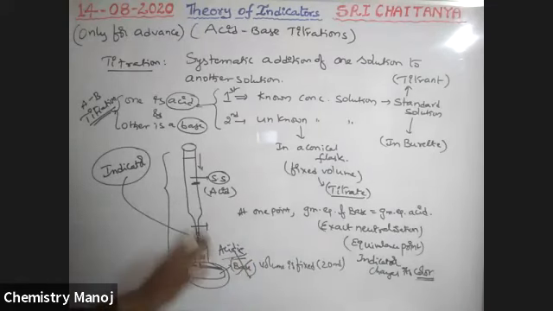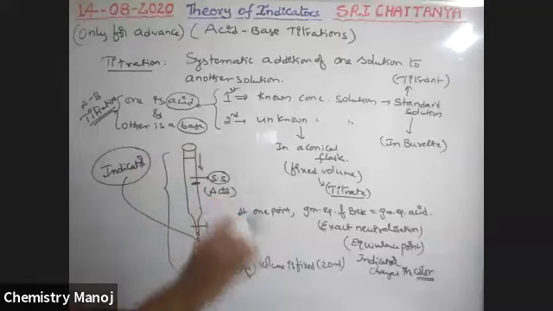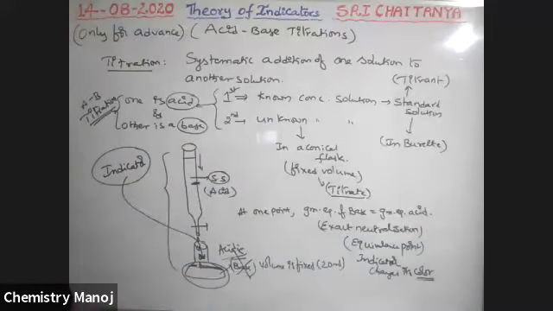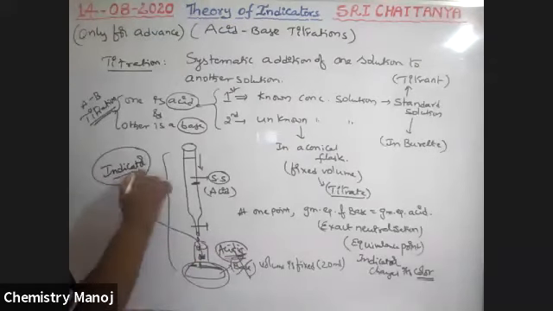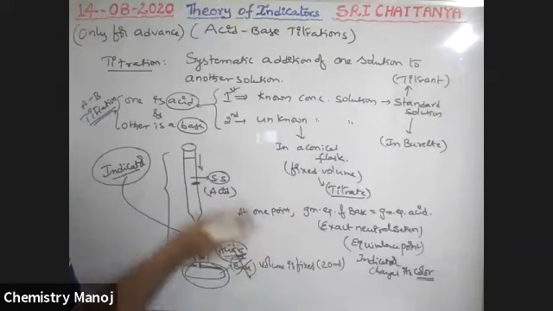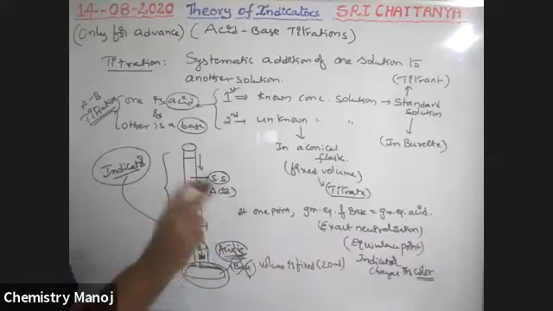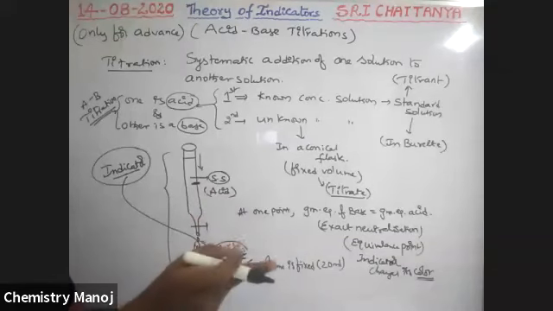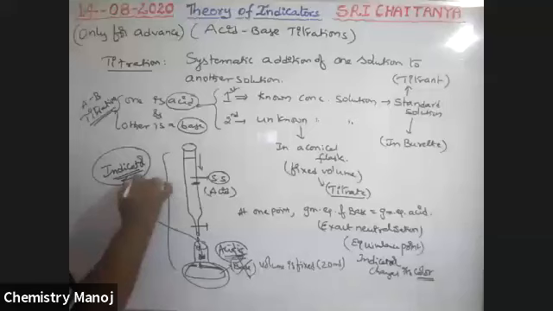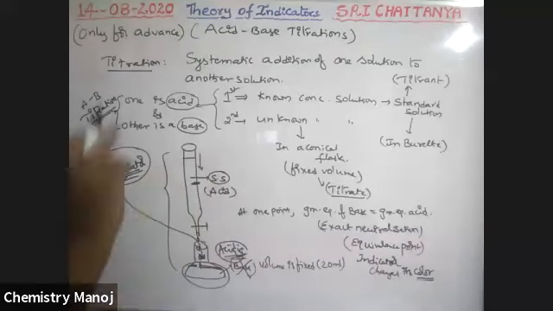In acidic medium, the indicator has another color. That means there is a color change if acidic nature changes to basic nature or basic nature changes to acidic nature. The indicator has different colors in different media.